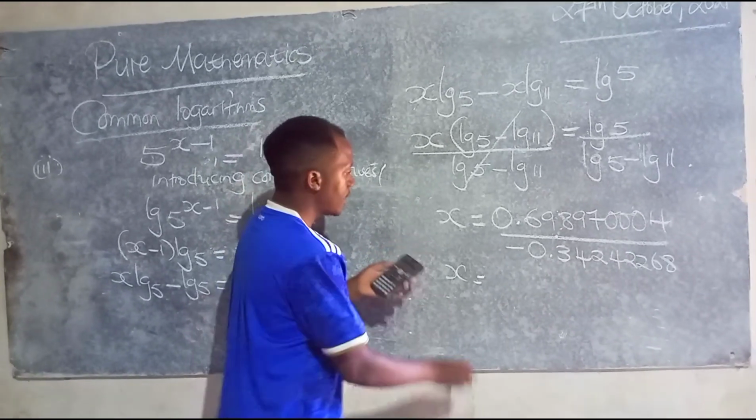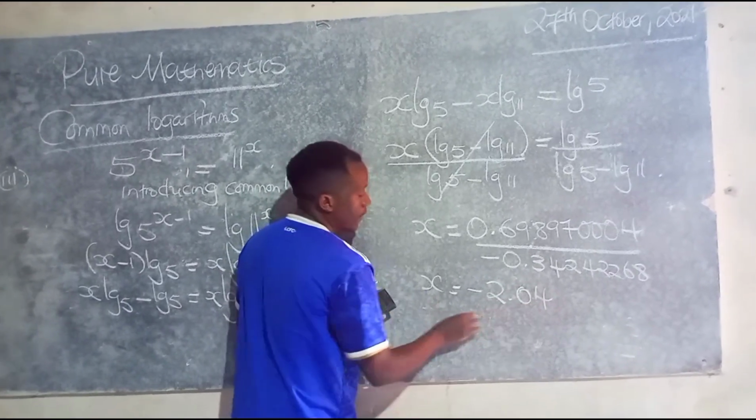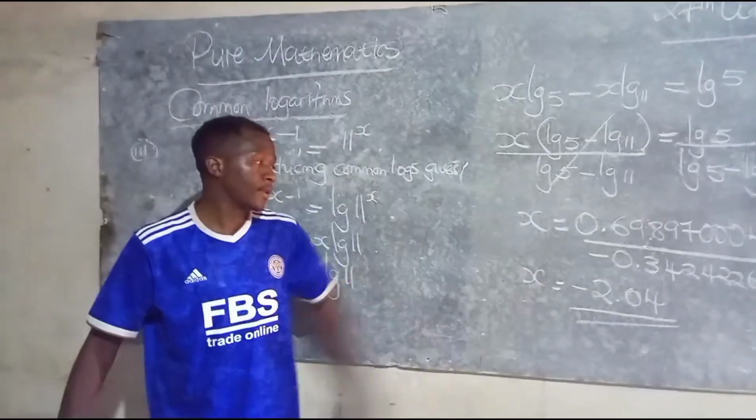So the answer is given as negative 2.04. So this is the correct answer. X equals negative 2.04.